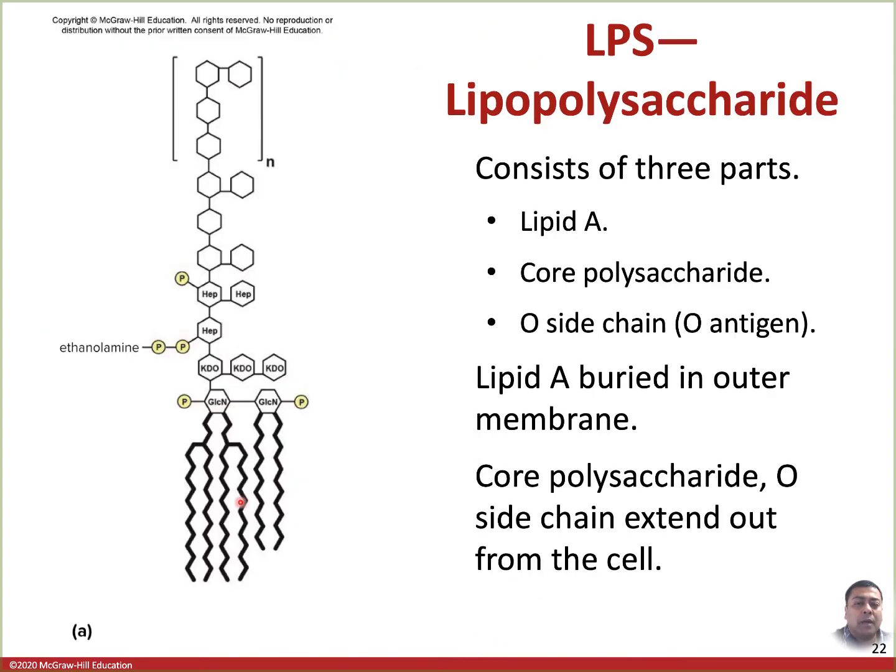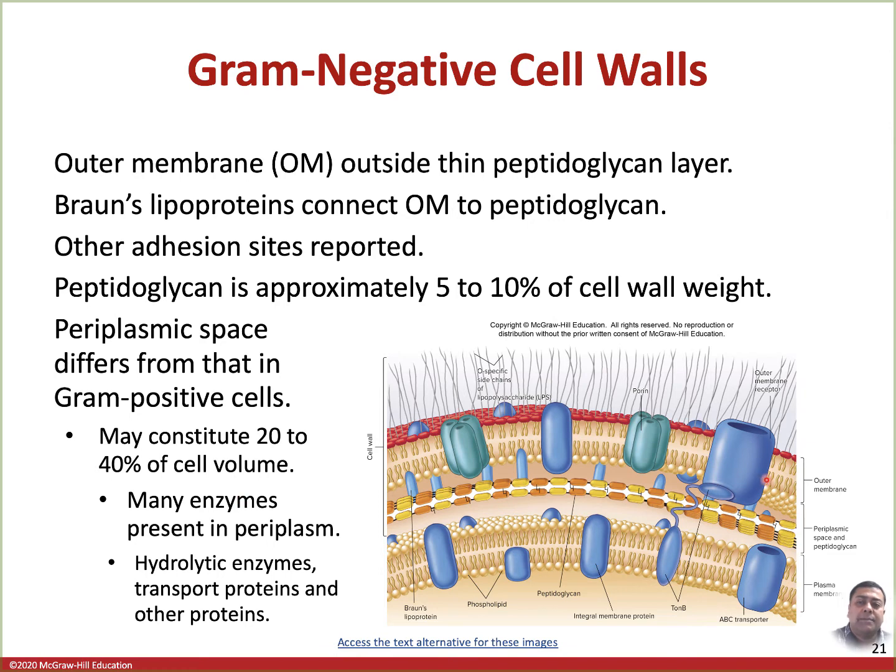Now, a couple of slides back, we saw TonB, and these are some of the other types of transport proteins. Let me show you how this works. There are some very large nutrients which cannot enter the cell through these porin proteins. They are larger than 600-700 daltons.